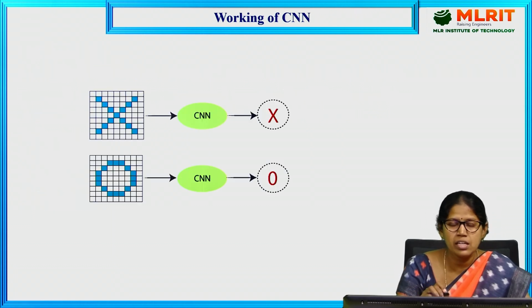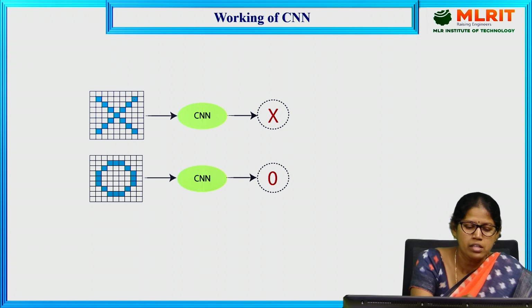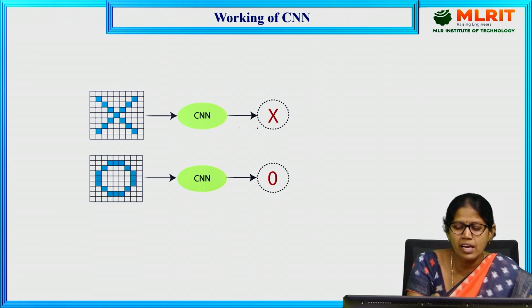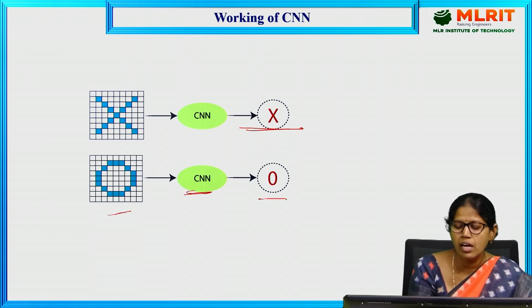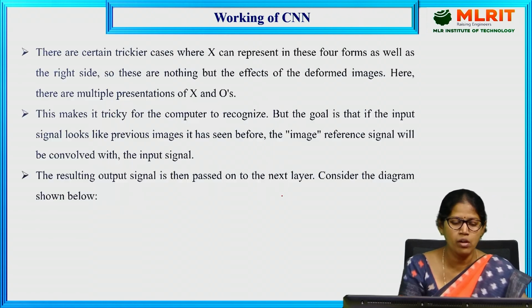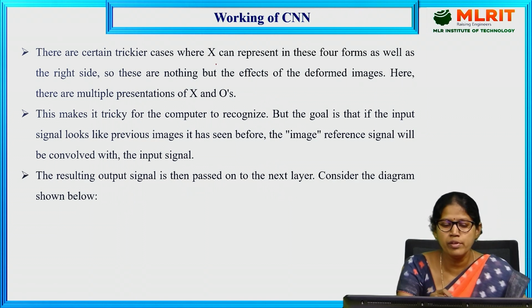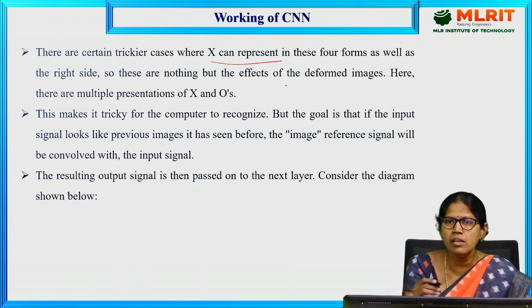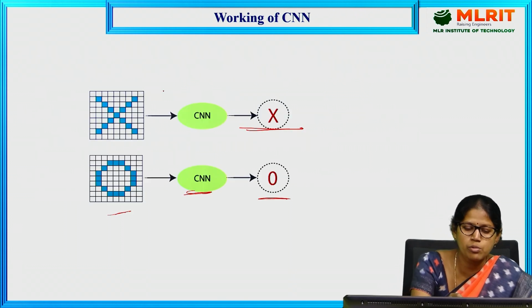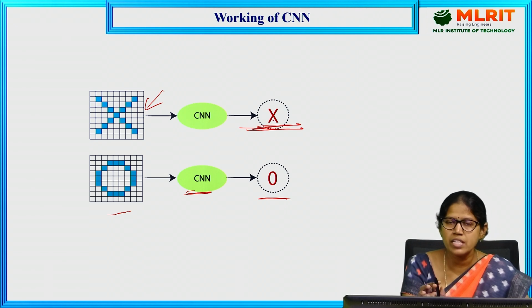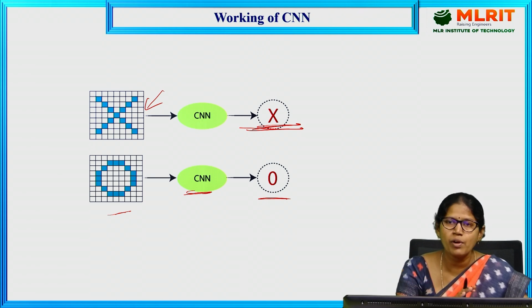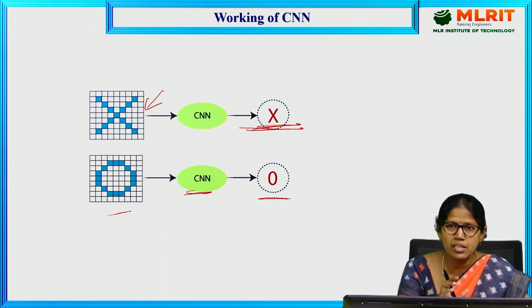Okay, let's understand the example here. This is an X, and applying the CNN, it is identified as an X. And this is an O, and applying the CNN, it is identified as an O. If you give this X to a computer and ask it to identify what this letter is, it will take the pixels of that letter.